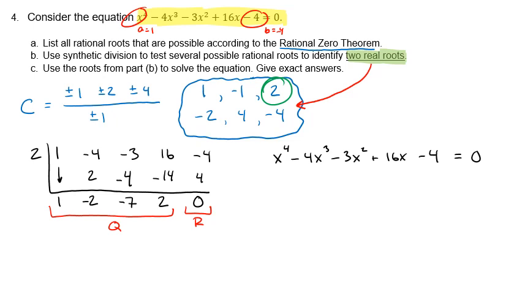We found one 0, which means we found one factor. C is equal to 2, so x minus c, or x minus 2, is a factor. And then the other factor in this step would be x to the 3rd minus 2x to the 2nd minus 7x plus 2 is equal to 0.